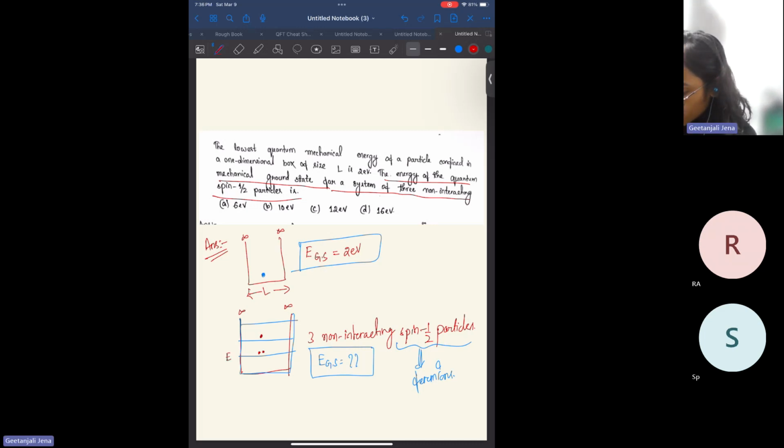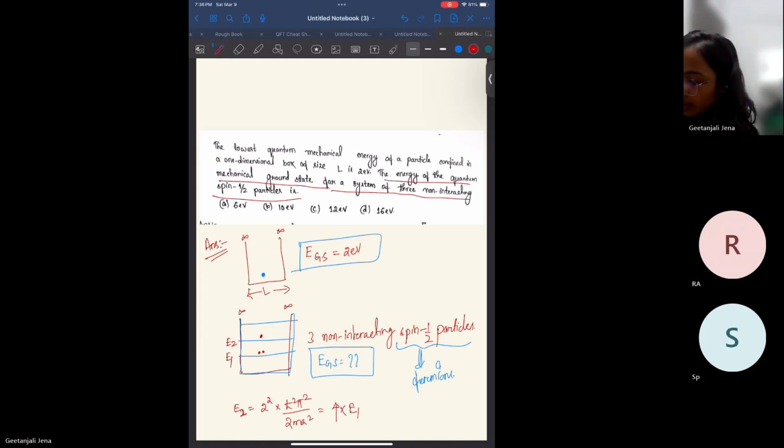So this is E1 and this one is E2. E2 is nothing but 2 square times h square pi square by 2m L square. This is 4 times E1. If it is E1, then E2 will be 4 times E1.